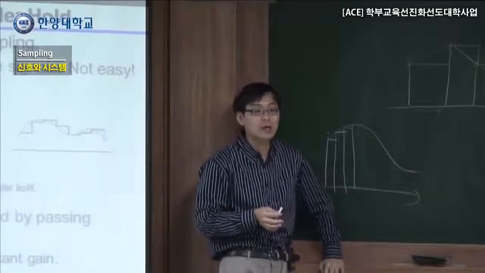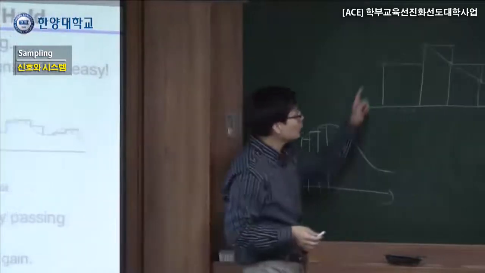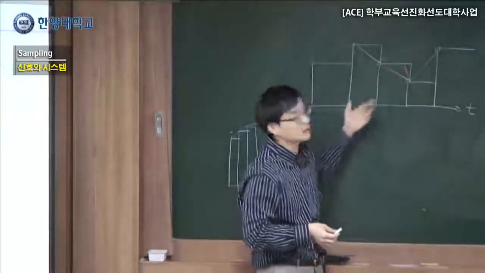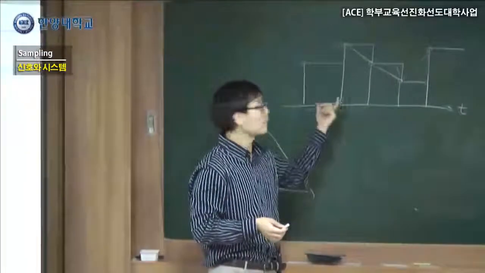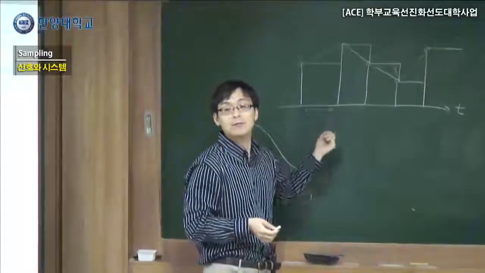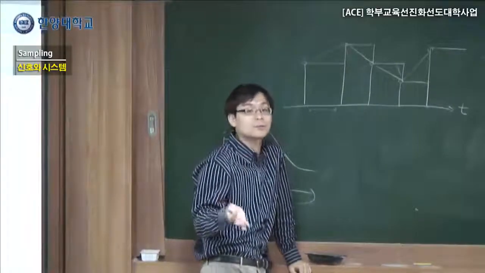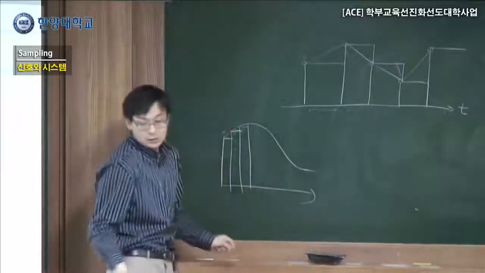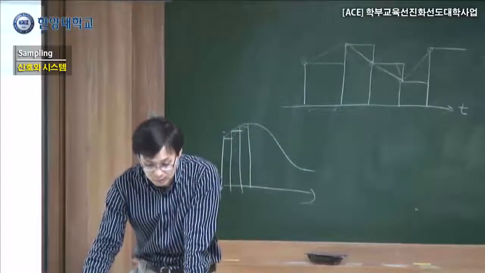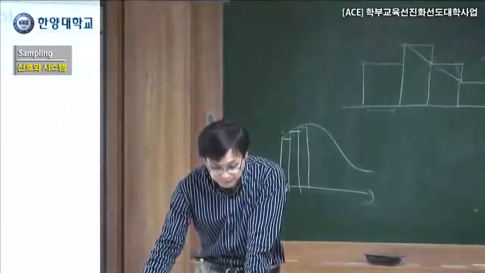That's one of the methods we try. It's very similar to that. Of course they are different from the original value, but if you make the spacing good enough, which makes the sampling frequency higher, then they become close enough. That's called sample and zero hold. That's one way you can do that.